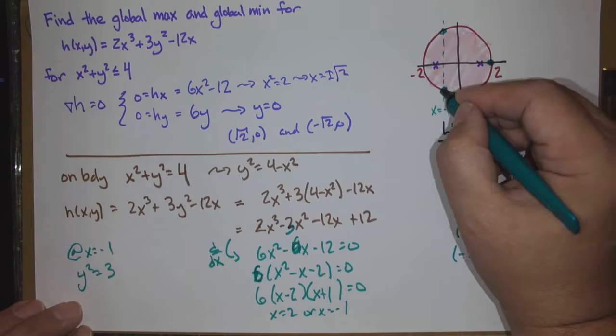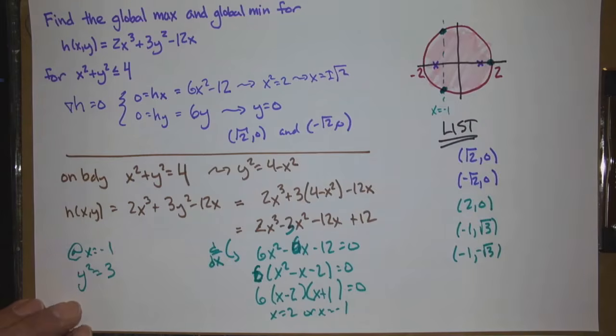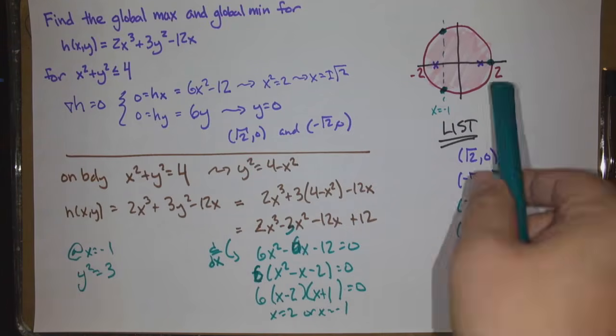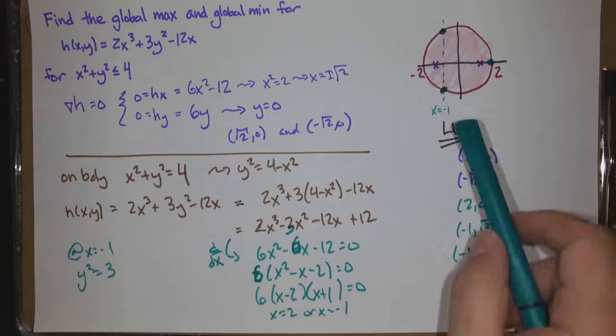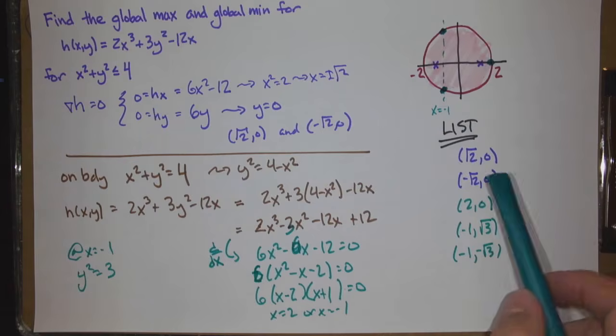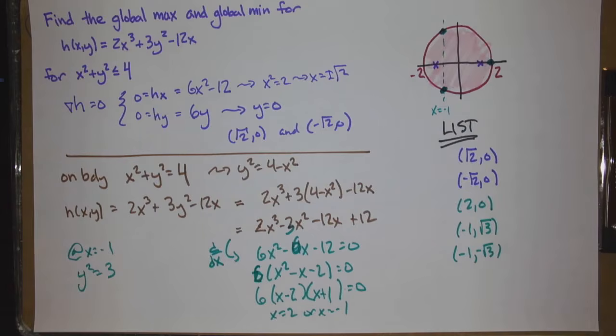All right. Have we found all the critical points? And which one did we miss? 0, 0 is not a critical point. X equals 2 is on there. 2, 0. We got the interior point, plus or minus square root of 2 comma 0. Yes, you got it. X equals negative 2.